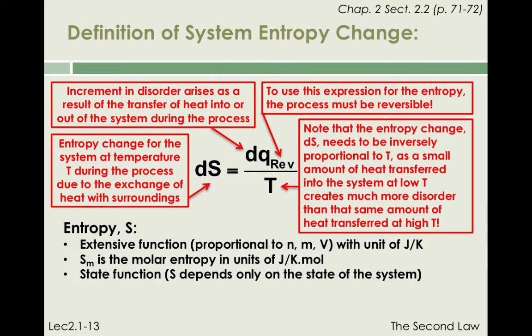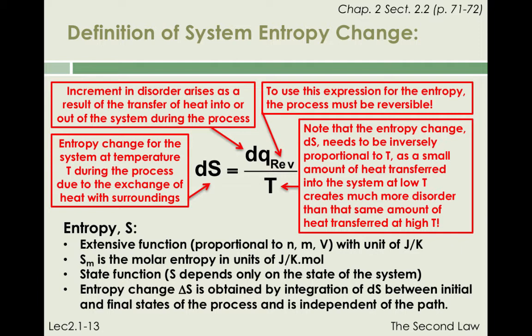Like the energy U and the enthalpy H, the entropy S is a state function. That is, the entropy S depends on the state of the system and not on how we arrived at that state. The entropy change delta S for a process is obtained by integrating dS over a reversible path between the initial state and the final state of the process.